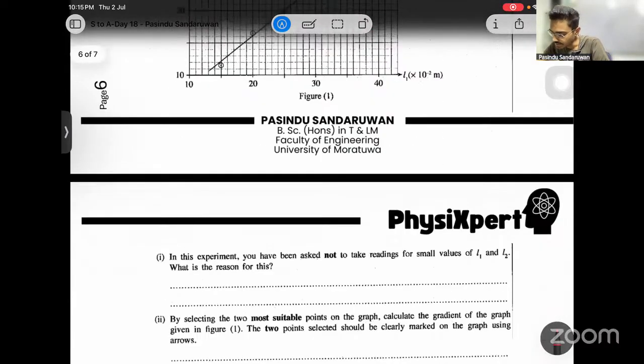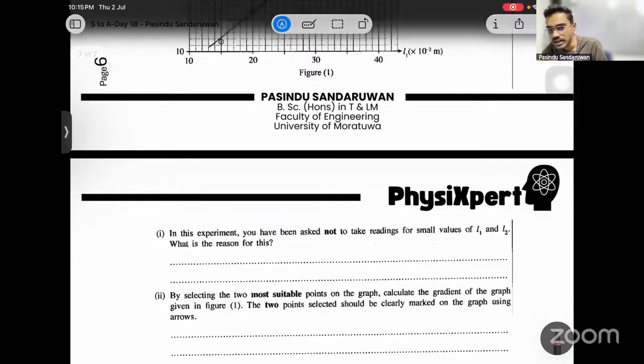Then, in the experiment, you have been asked not to take readings for small values of L1 and L2. What is the reason for this? Small values have a higher percentage error or higher fractional error, right?